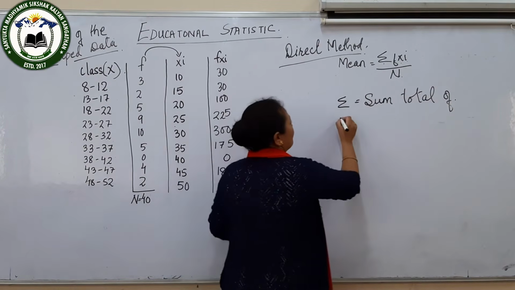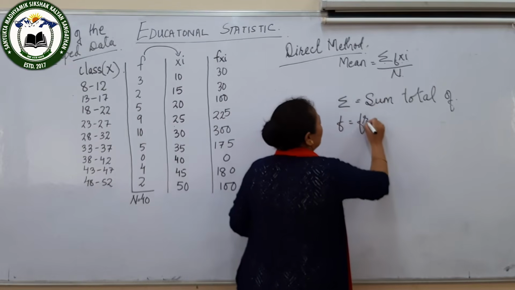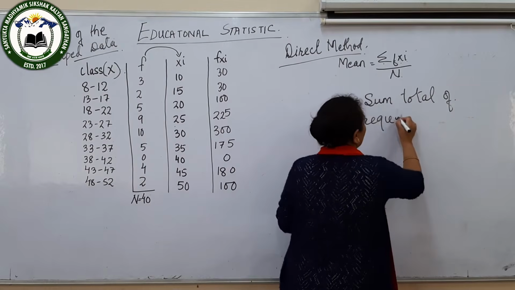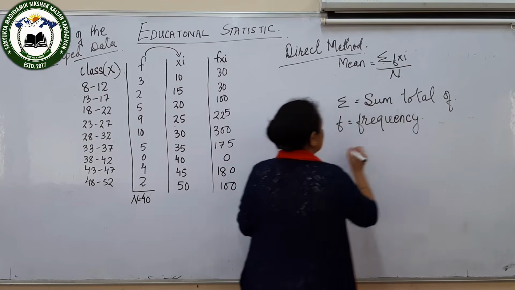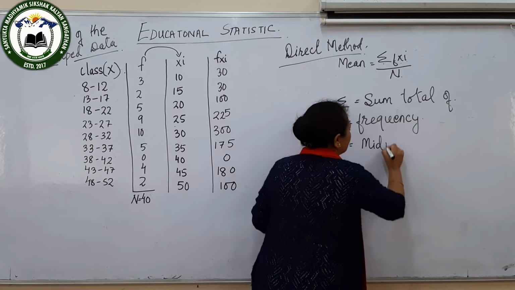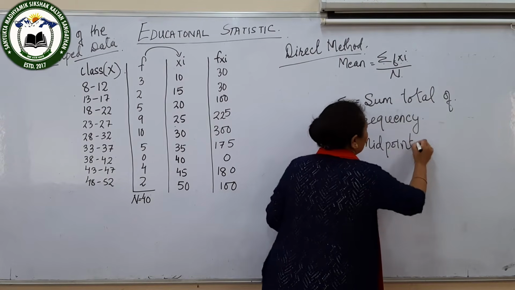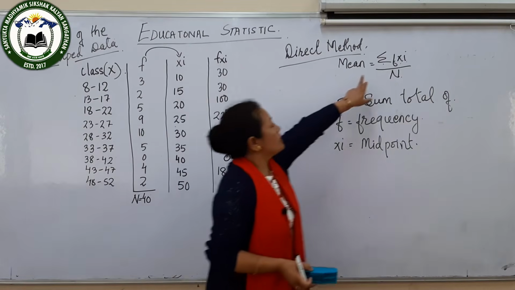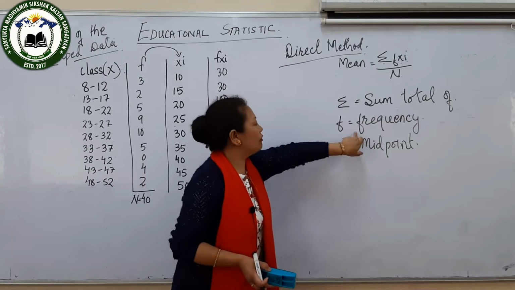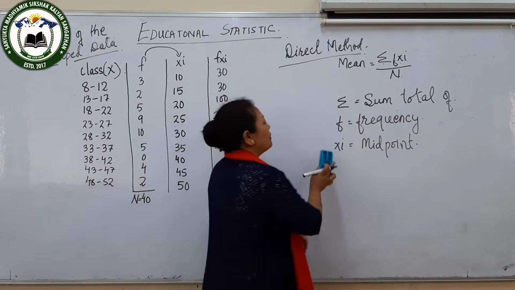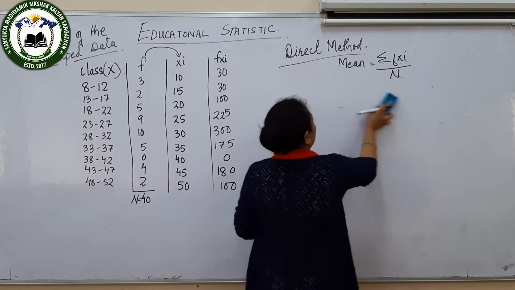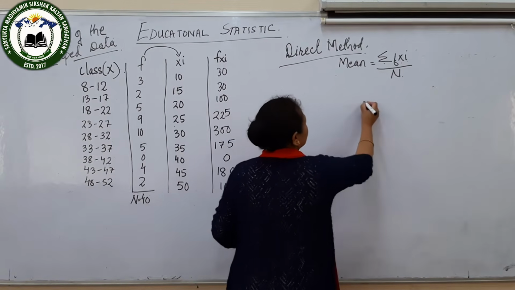Likewise, we have f as our frequency, xi is my midpoint. So sigma fxi means the sum of all the frequencies multiplied with the midpoints. Okay, now what we do is we'll apply the formula.